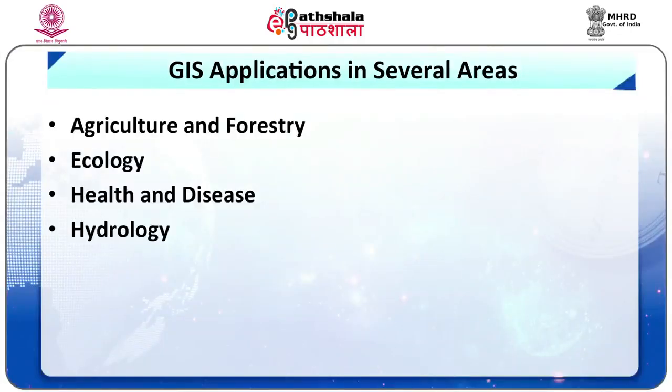Now in agriculture and forestry, GIS has a great potential for agroclimatic modeling. A combination of maps containing different layers like soil, nutrients, water stress, fertility maps, etc. can predict the agricultural yield.